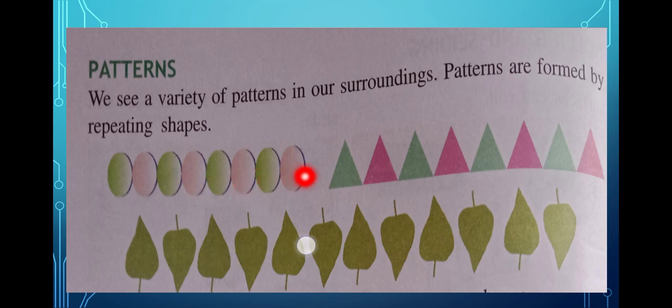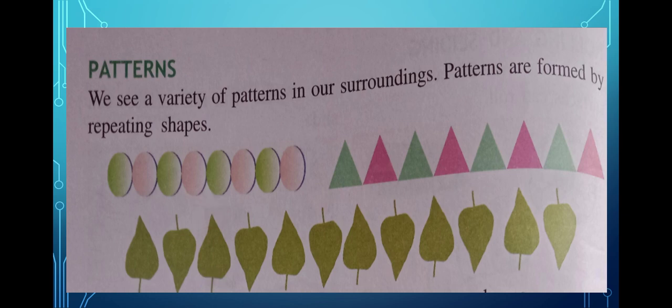In the same way, triangle shape, green in color, then pink, green, pink, same size, repeated. In the same way, see the leaves here. One is pointed upwards, now downwards, upwards, downwards. So all these are following a pattern. Patterns are formed by repeating shapes.